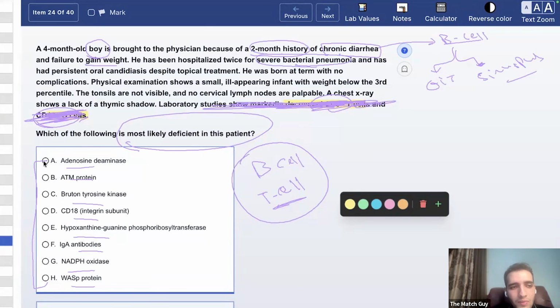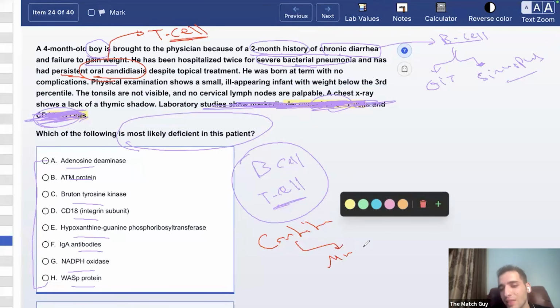Let's continue. He also had persistent oral candida. Wow, guys, oral candida or esophageal candida will be T cell deficiency. And I always tell my students, candida in the mucous membrane, oral or esophagus, that's a T cell. If it's in the blood, like candidemia or endocarditis, this will be neutrophil deficiency.